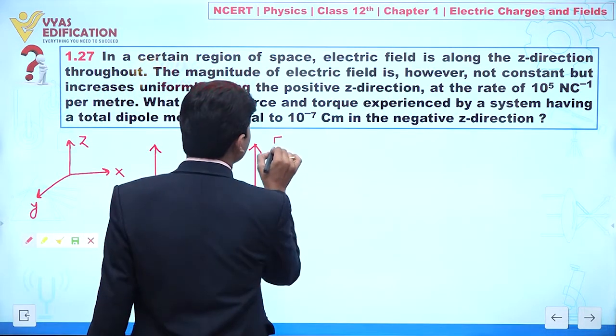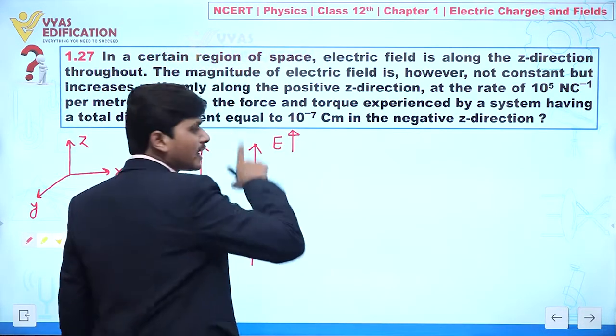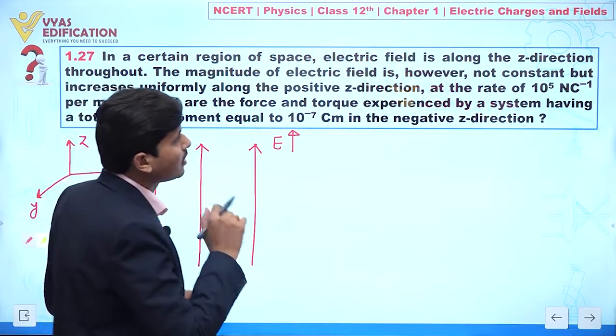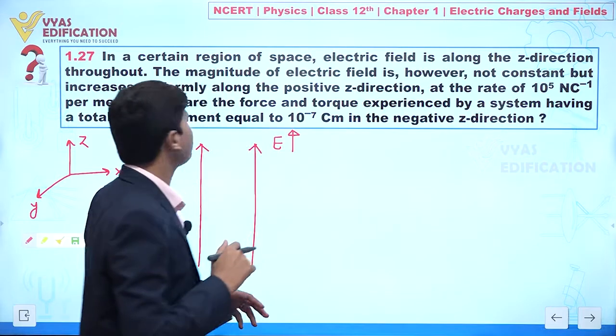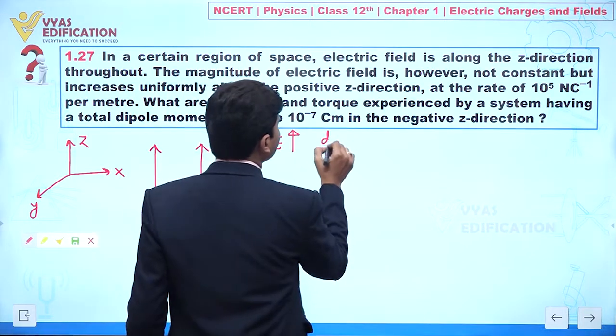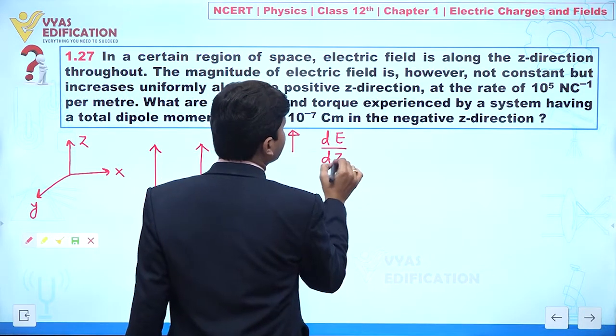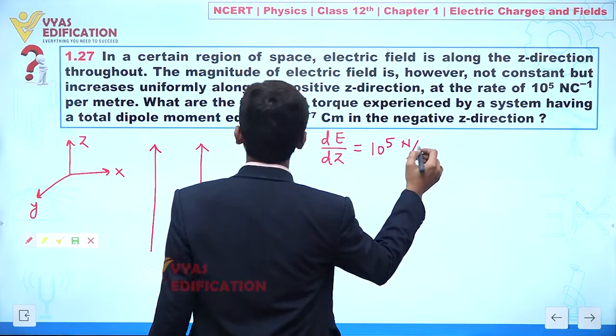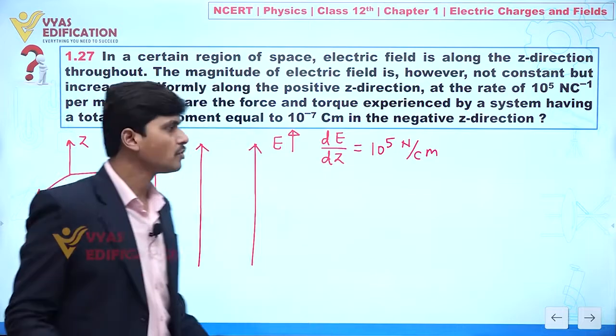It means the electric field is increasing in this direction. This is given to you at the rate of 10 to the power 5 Newton per coulomb per meter. It means dE by dz is given as 10 to the power 5 Newton per coulomb per meter.